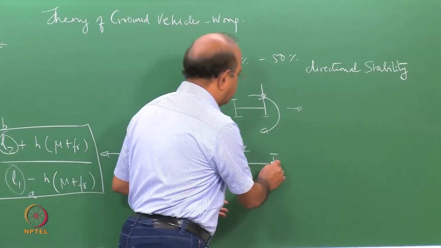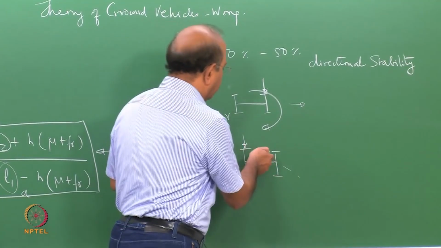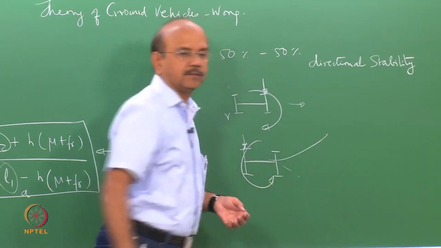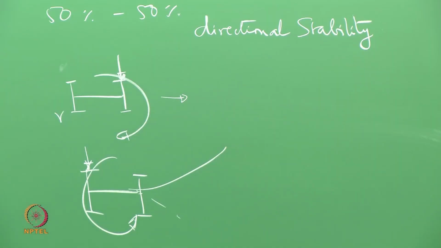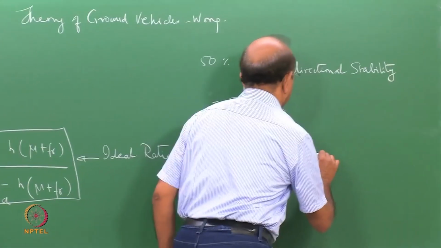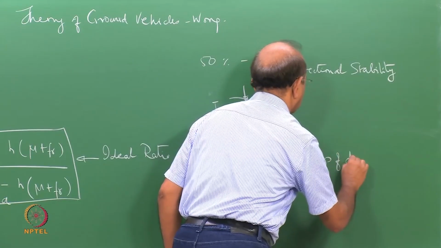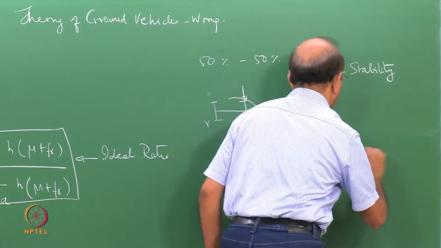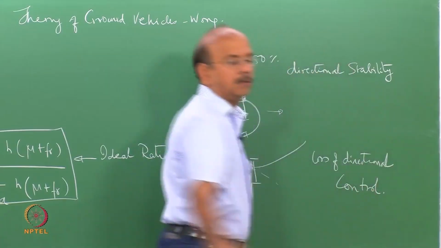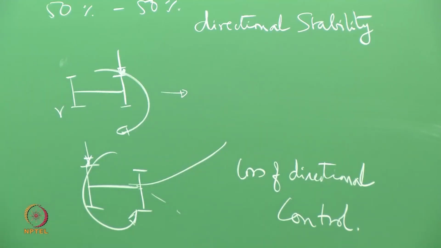A small change this side would not happen because the vehicle would now be yawed in the other direction. So, would now start going like this. Okay. So, we call this loss of directional control. Clear?